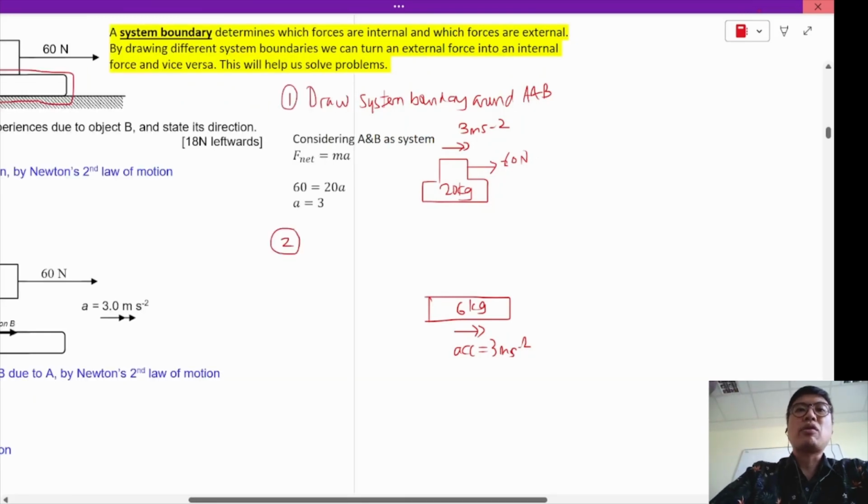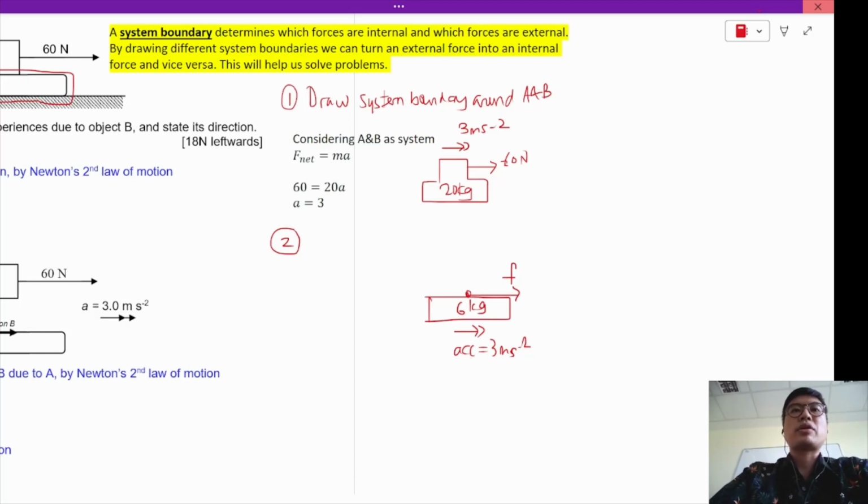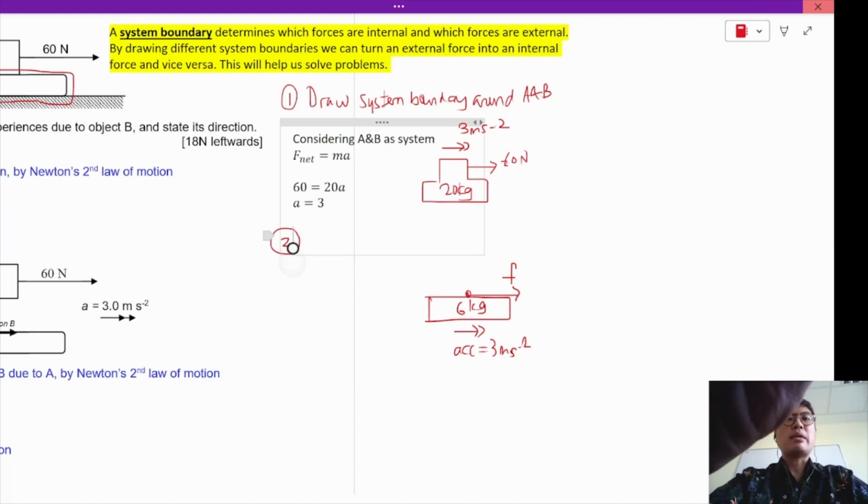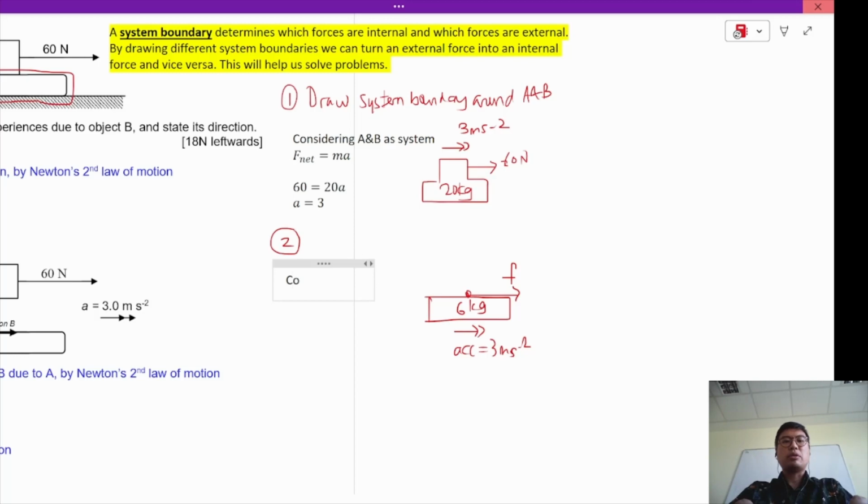So what must be the force acting on B? The force acting on B must be to the right as well. We call this friction. So the answer can be obtained by changing our system boundary to considering only B as the system.